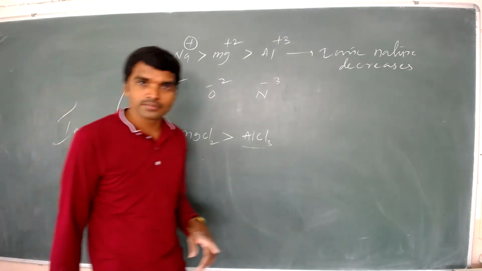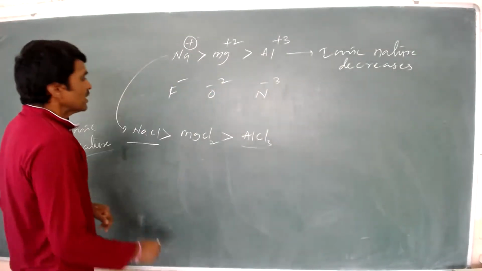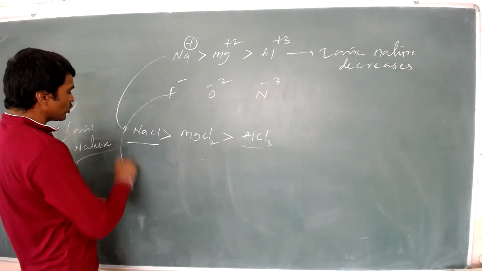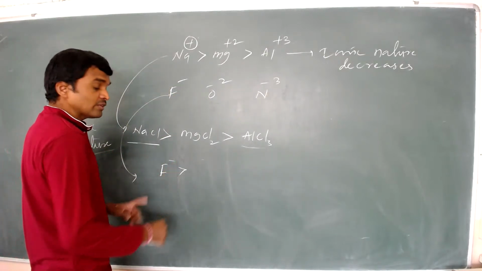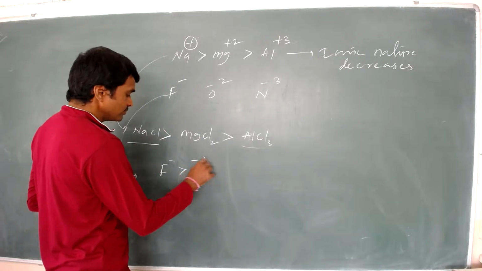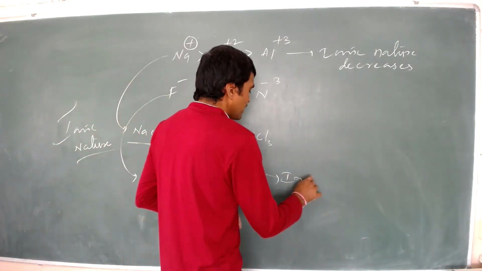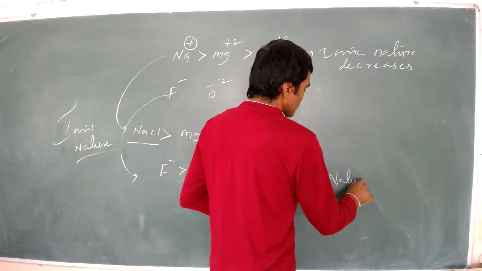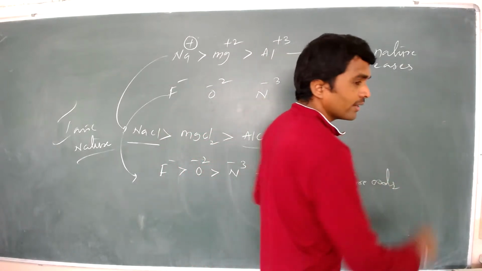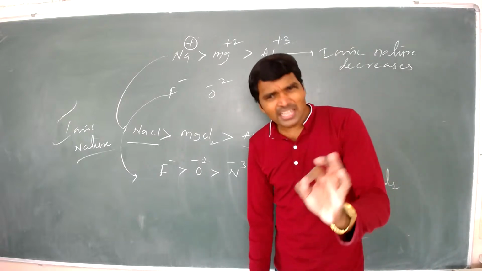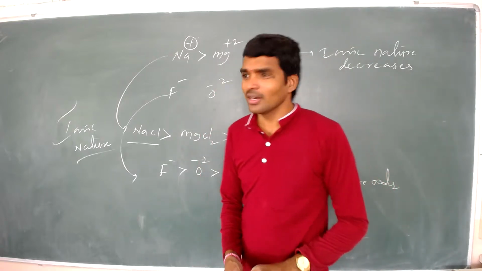Now, according to the negative ions, fluorine forms the most ionic, then oxygen, then nitrogen. This is also the ionic nature order.